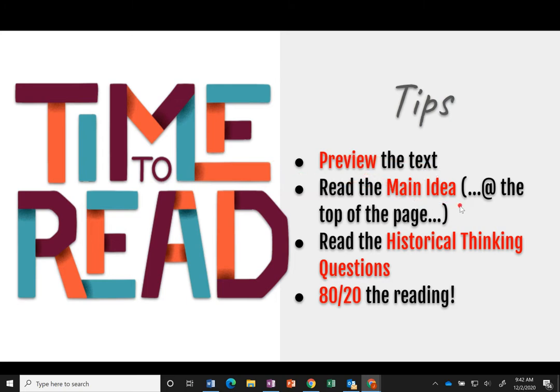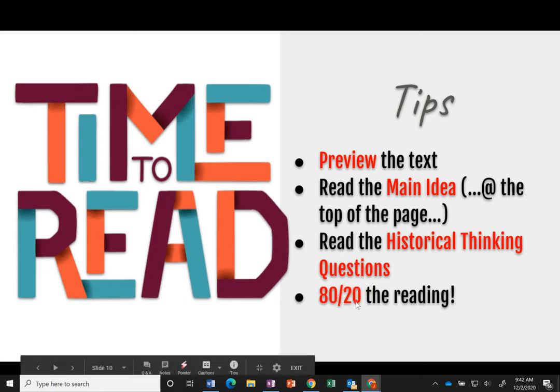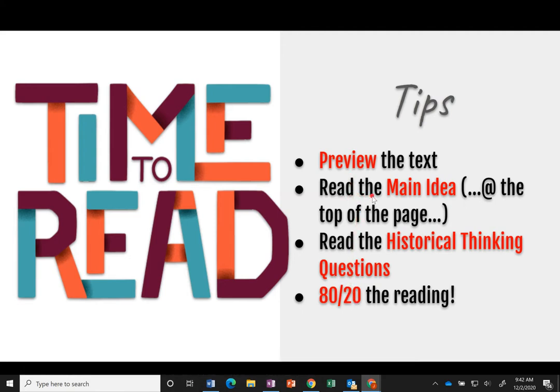Look at the main idea. Look at the questions down at the bottom so you know what to focus on, and do an 80-20 reading, which means you scan through the topics, look at the pictures and get the information that you need. I've already read the question for the thinking map, so you know what to focus on.